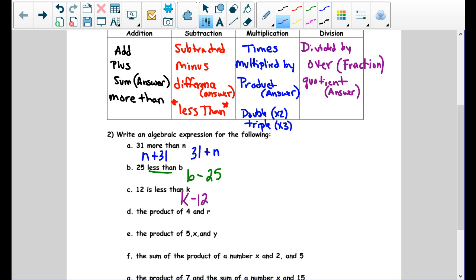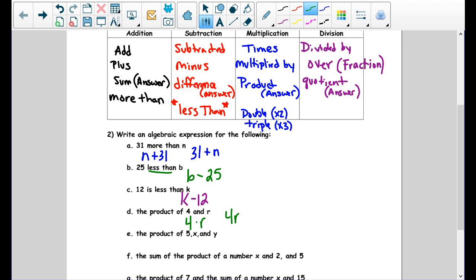When you get to the answer type problems, using sum, difference, product, quotient, they're going to be written similar to this. The product of 4 and R. Well, product means multiplication. And what am I multiplying? 4 and R. You could put 4 with a dot R, or just 4R since it's a number and a variable.